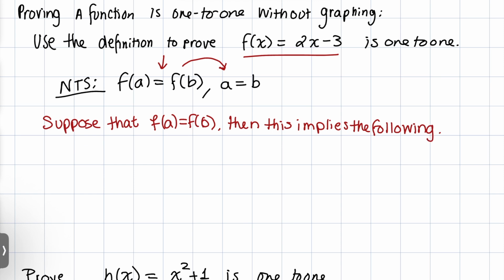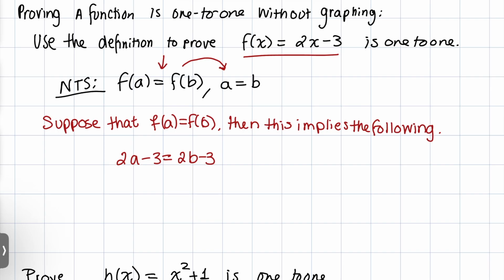Since we're given the function here, and we're saying that f of A equals f of B, I'm going to say 2a minus 3 equals 2b minus 3. That's exactly what I have written there. I'm just replacing it with my function value.